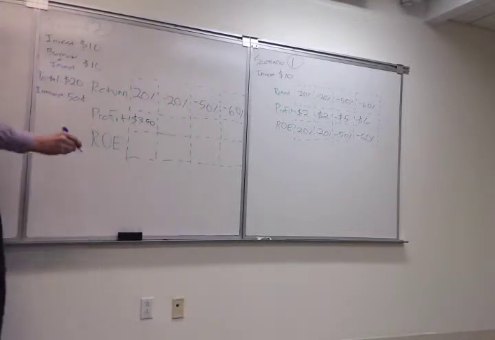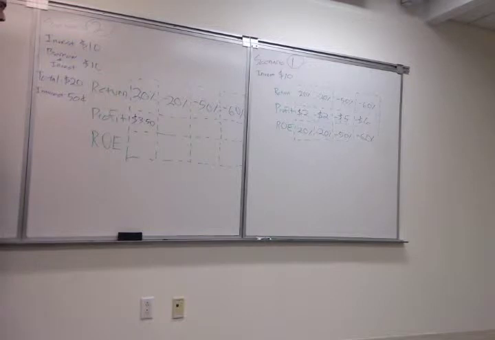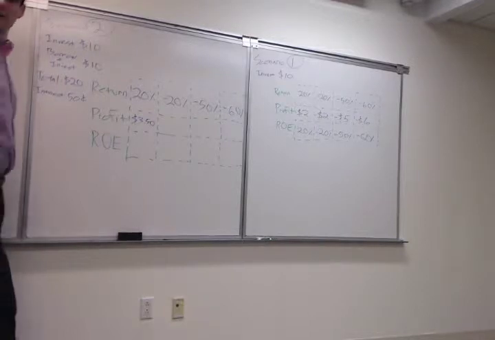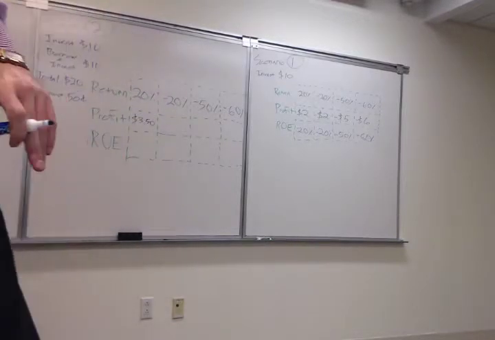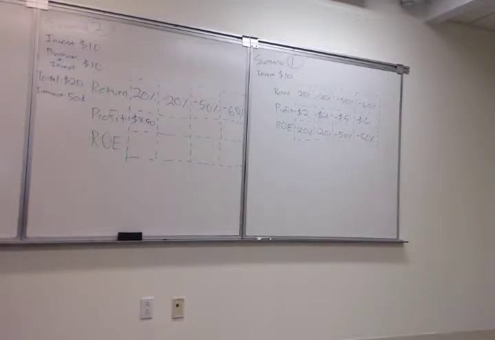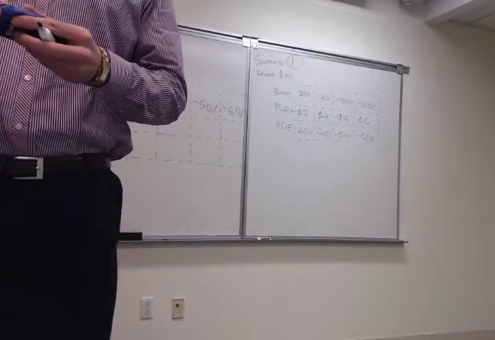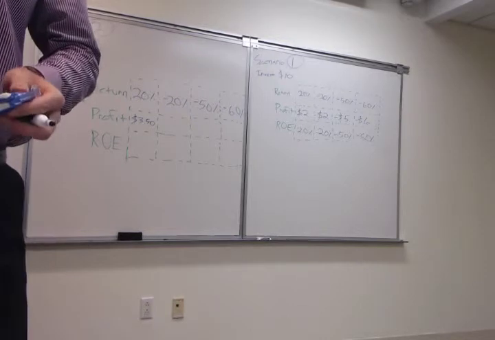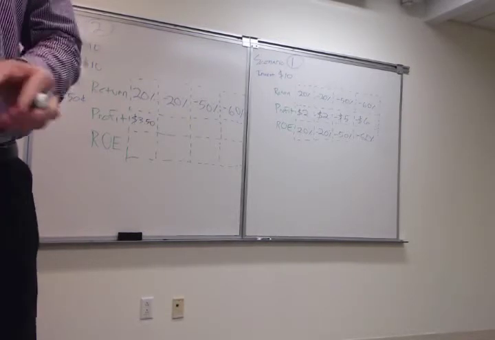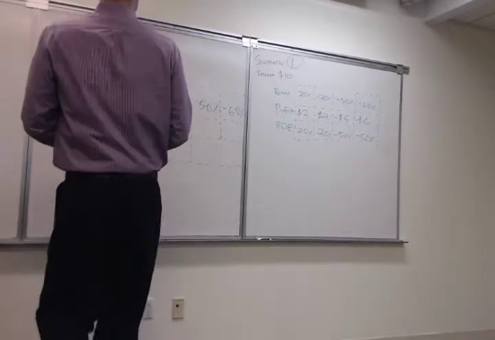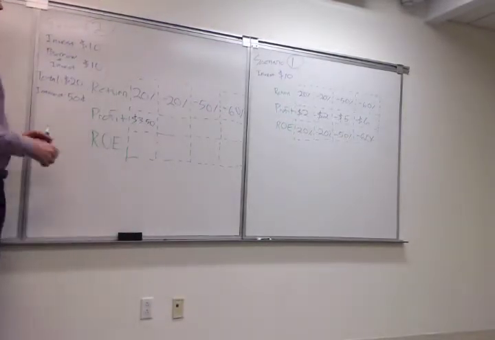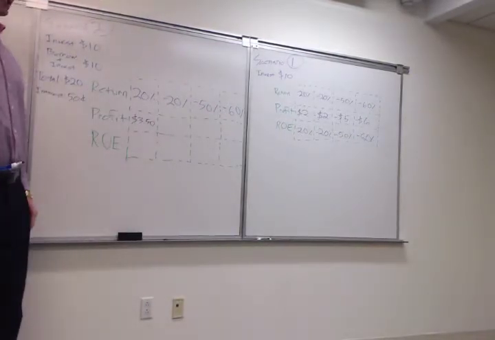All right, so $3.50. And what is our ROE? It is not 20%. All right, so ROE is going to be our profit. So $3.50 is going to be the top line.